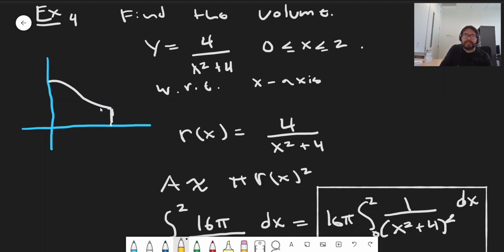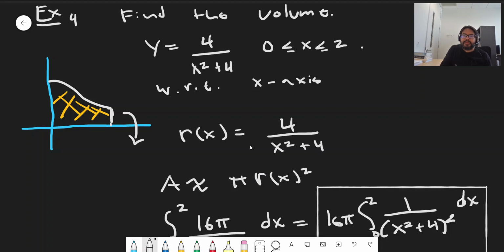So in any case, this is the area of the region, and we know that we're going to rotate it with respect to the x-axis. And then we generate our solid, of which you'll get that the volume is approximately 4.04. I keep saying area, I'm sorry, but the volume.